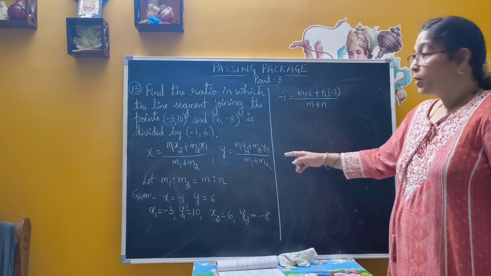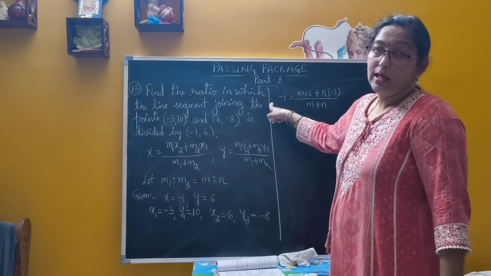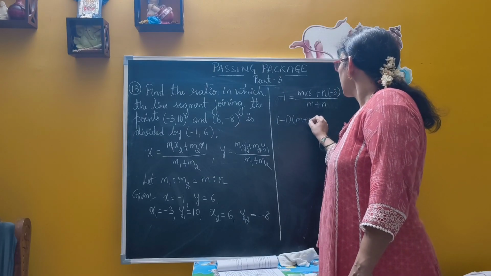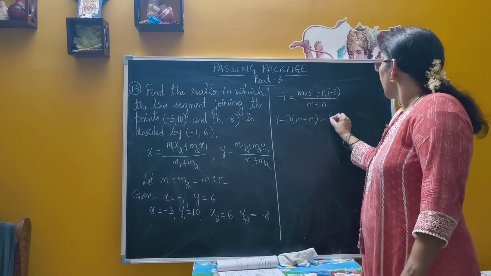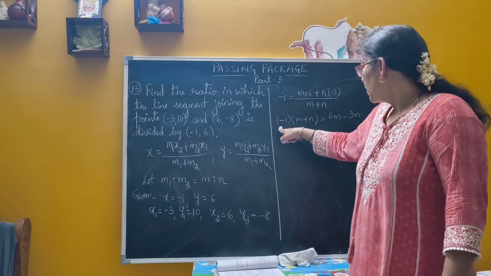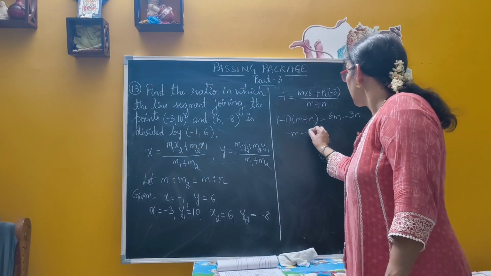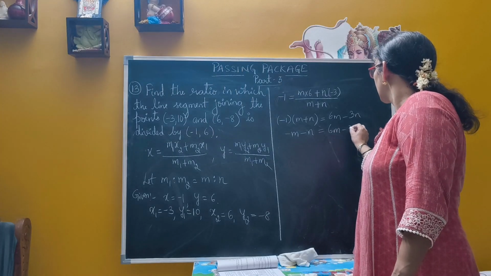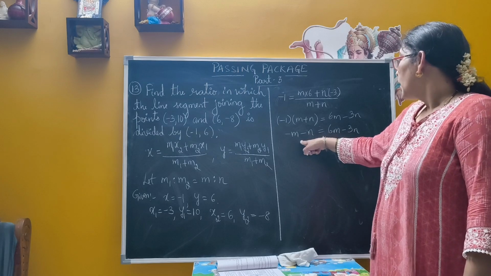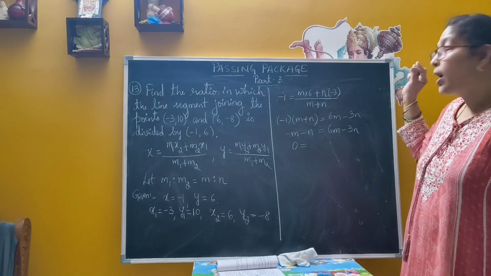First let us simplify the x part. Minus 1 into m plus n, transposing, is equal to 6m minus 3n. Simplify again: minus 1 into m is minus m, and minus into plus n is minus n, equal to 6m minus 3n. Let us transpose: I write 0 on the left and bring both minus m and minus n to the right-hand side.